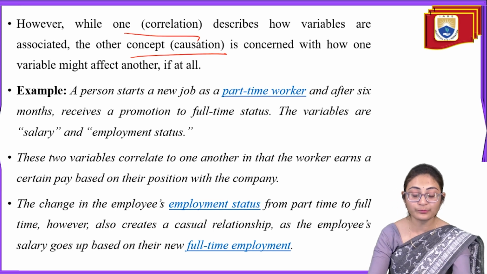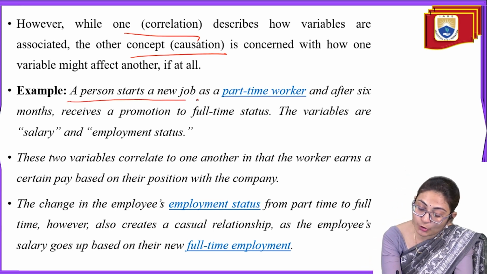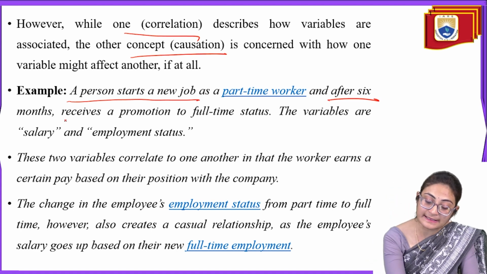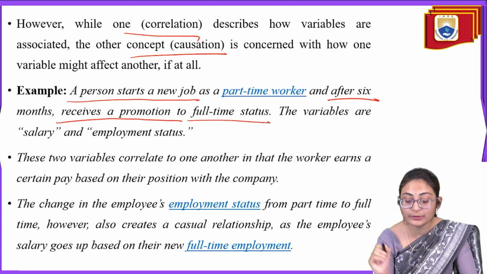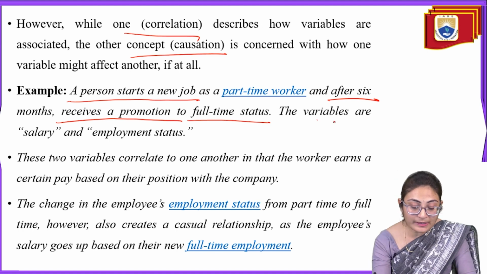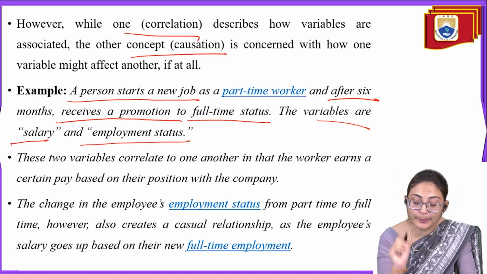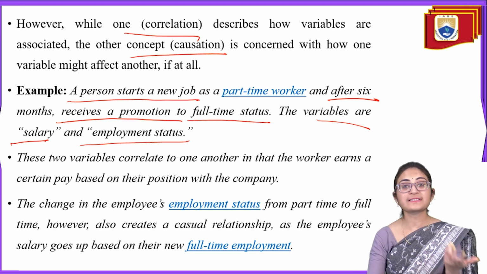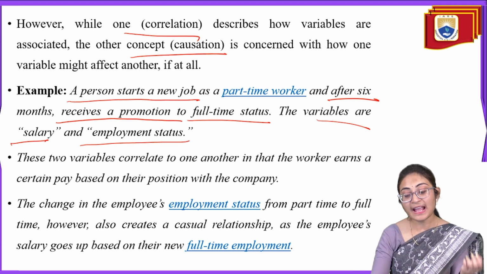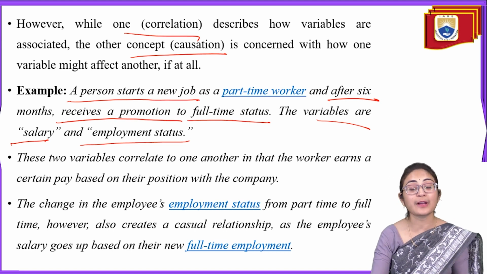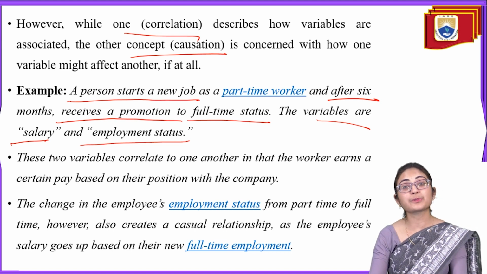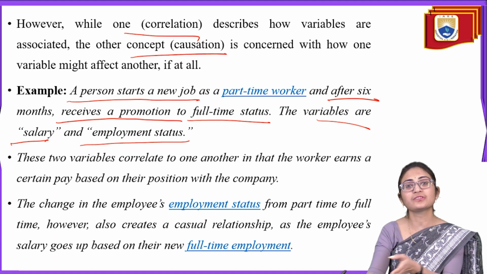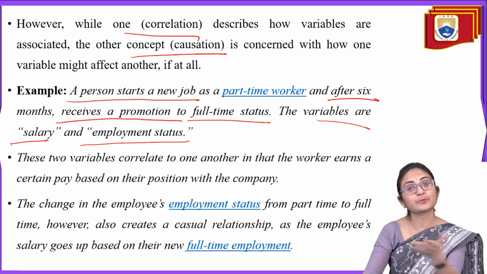For example, a person starts a new job as a part-time worker, and after 6 months receives a promotion to full-time status. The variables are salary and employment status. That means the person started a new job as a part-time worker, but after 6 months got the promotion, and his or her status changed from part-time to full-time.